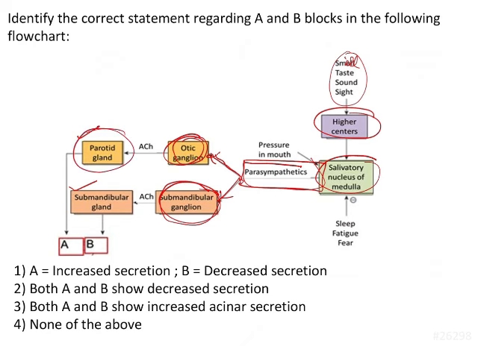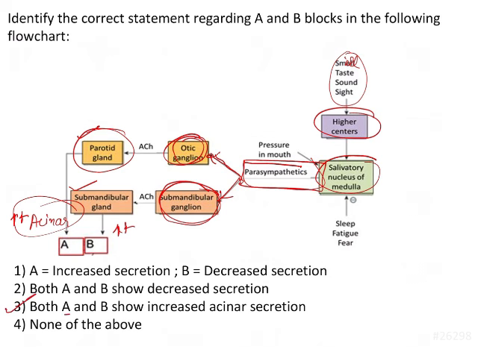That leads to parotid gland secretion, increasing the thin and watery secretion of the acinar cells, called the acinar secretion. In the same way the submandibular gland will also be stimulated, further increasing the thin and watery secretion coming from the acini of the submandibular gland. So both will be increased, and the acinar secretion will be increased.